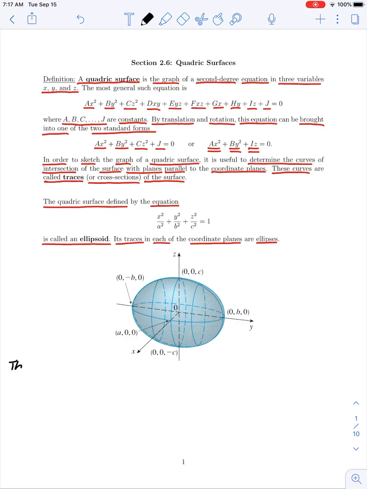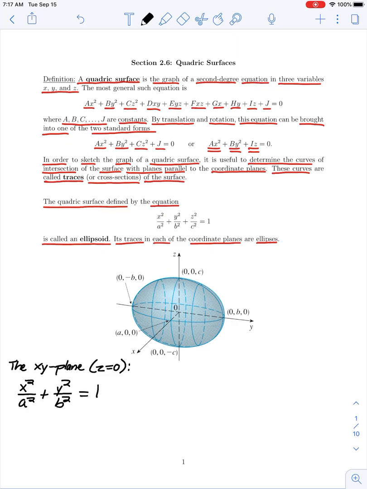For the xy plane, which is the plane z equals 0, let's see what our equation for this surface becomes. If we substitute z equals 0 into this equation, we would be left with x squared over a squared plus y squared over b squared is equal to 1.